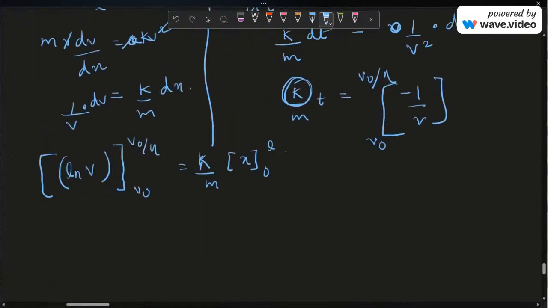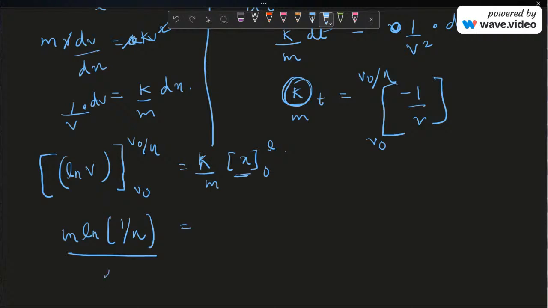Now this will become l, and this will become ln of v naught by eta upon v naught, that is ln 1 by eta, is equal to k by m times l. So m ln 1 by eta is equal to what?